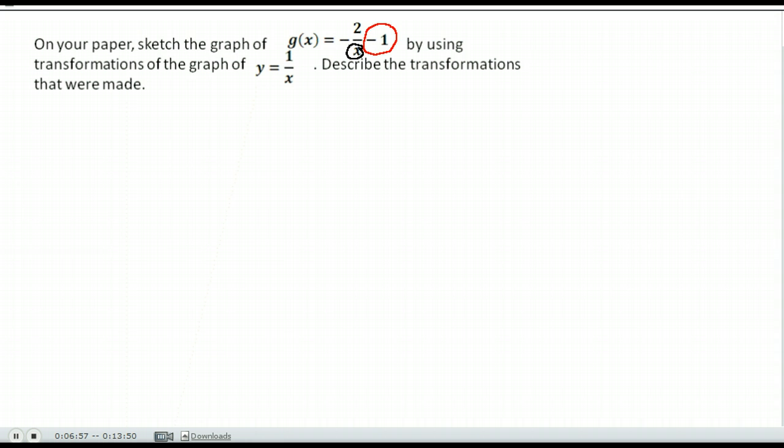Okay, I have a -1 here. It's not in my denominator, so that means it's changing the y's, the ups and downs. It's going to move my graph down 1. We have this negative in front of our fraction, which, remember, is going to reflect over the x-axis.